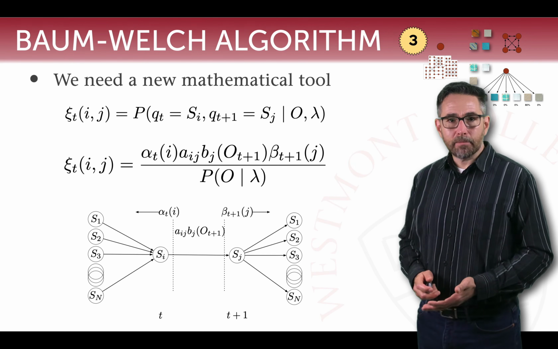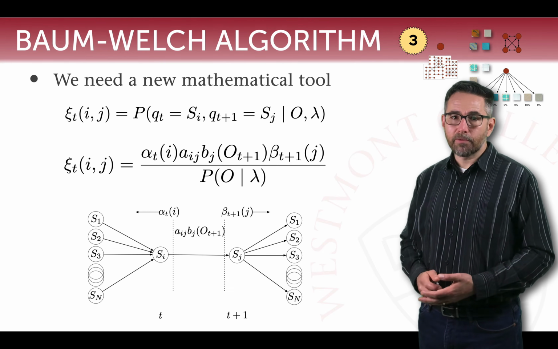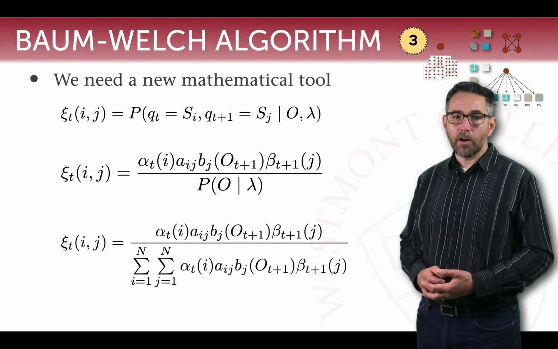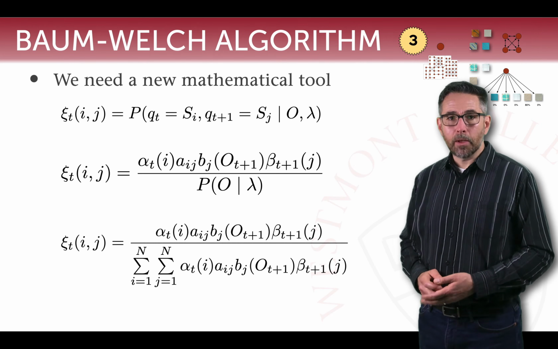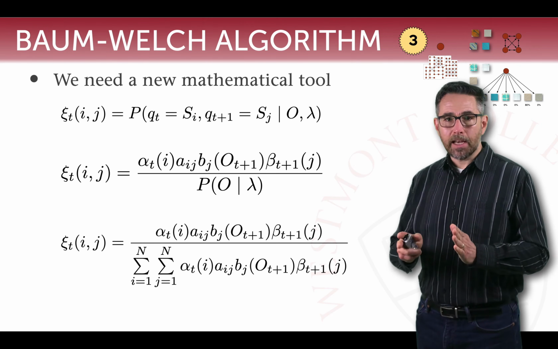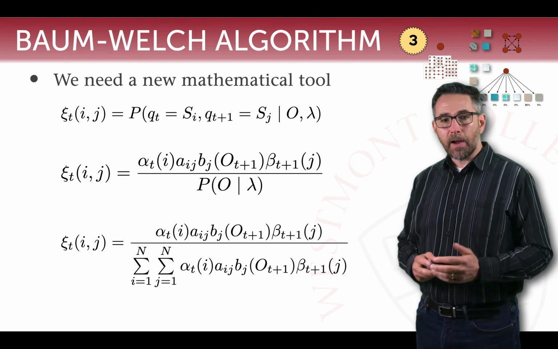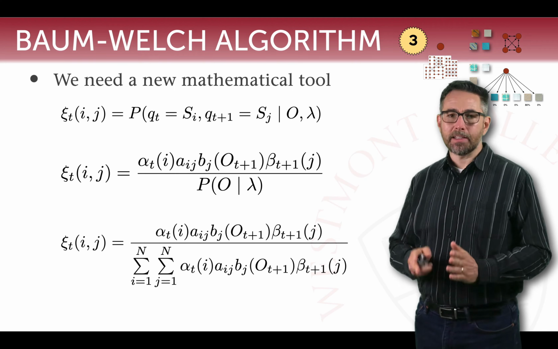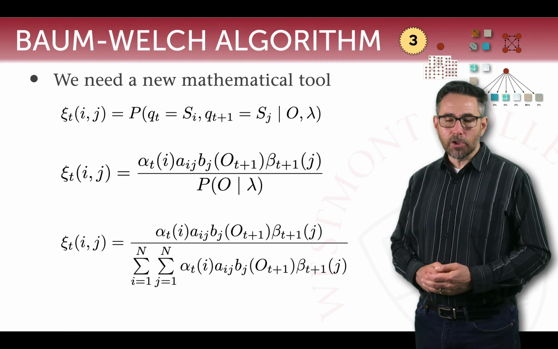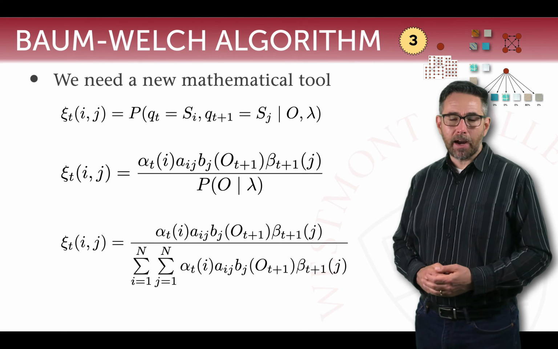How do we calculate that denominator? Well, it's kind of straightforward, because all we do is we iterate over all the possible i's and j's. So we're interested in what is the probability of moving from one i to one j at a given time. So what we do is we find out, well, what's the sum of all the probabilities of all i's and all j's at that given time? And so we do two loops, a loop over j and a loop over i.